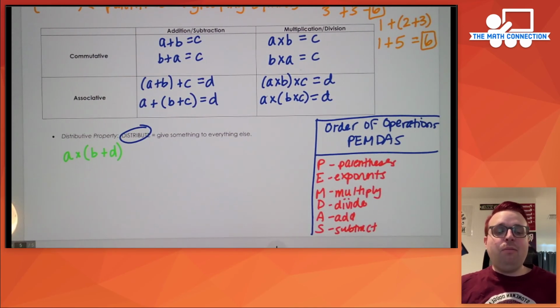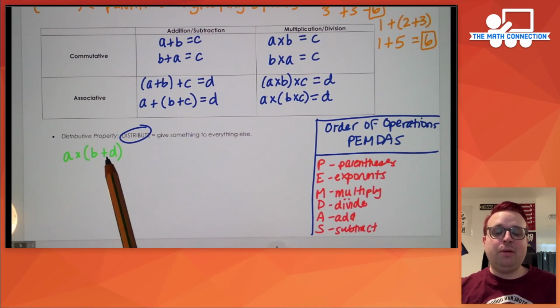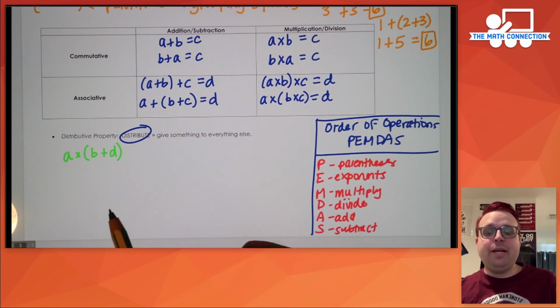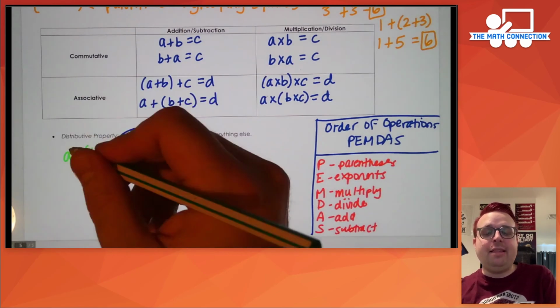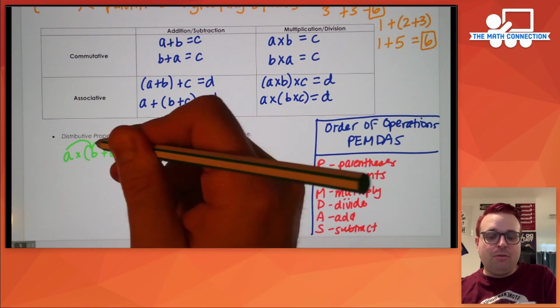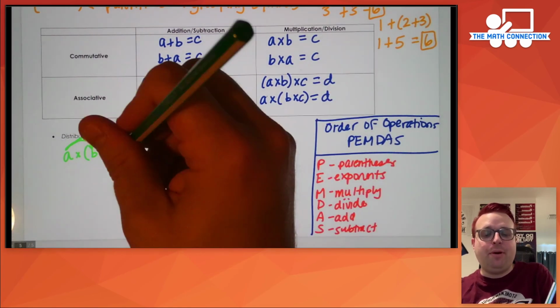Now this is different from the ones we've seen at the top here, because now we have a mixture of multiplication and addition and parentheses. So what you're doing is distributing, meaning you take the thing on the outside and distribute it to the first term and to the second term. That's what the distributive property is.